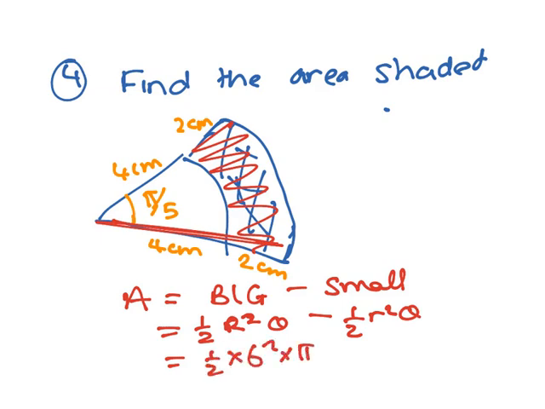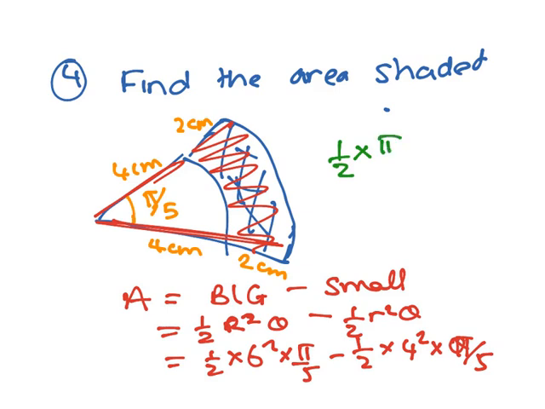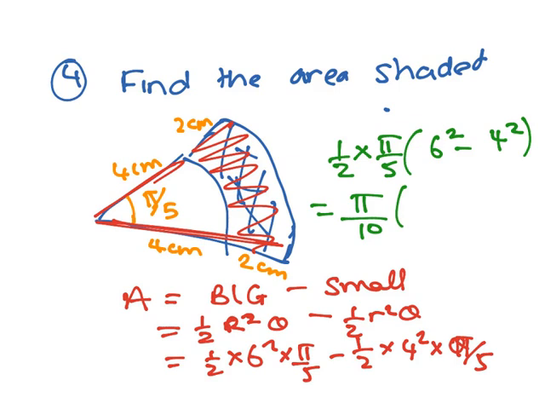So 6 squared times pi on 5, minus a half times the small radius, 4 squared, times theta, which is pi on 5. Okay, so I'm going to take out the half times pi on 5, because that's quite common. I can put this into my calculator, but it'll just help me simplify this without a calculator. So a half times pi on 5 is pi on 10.